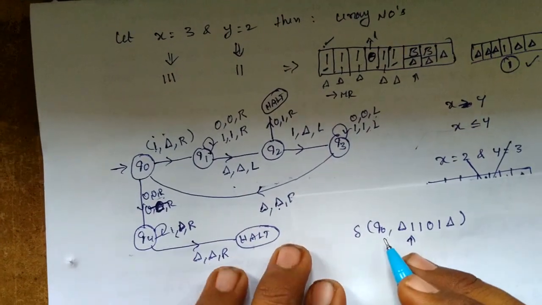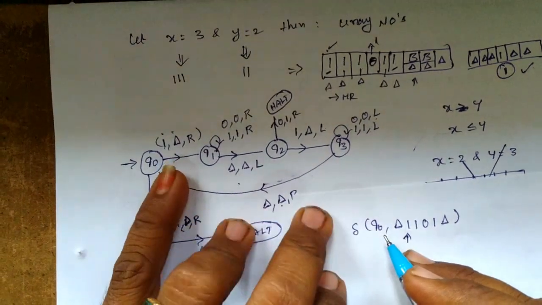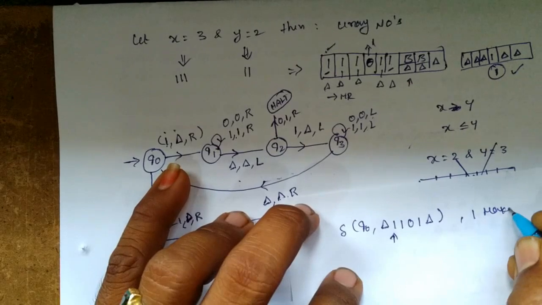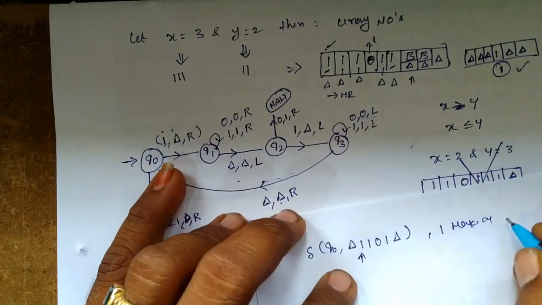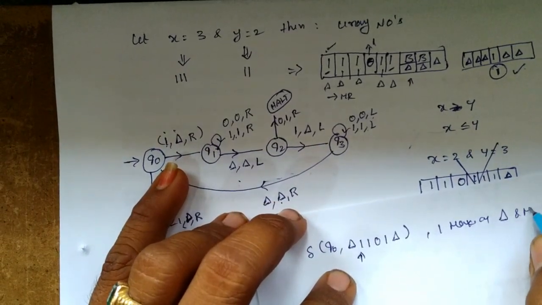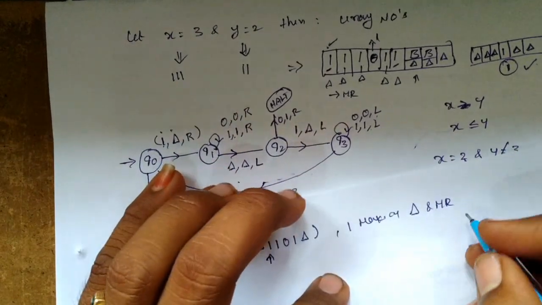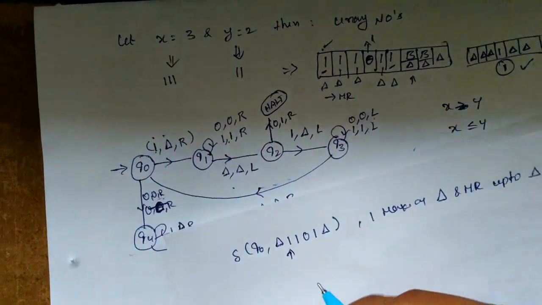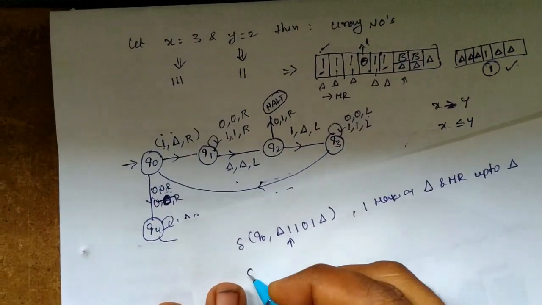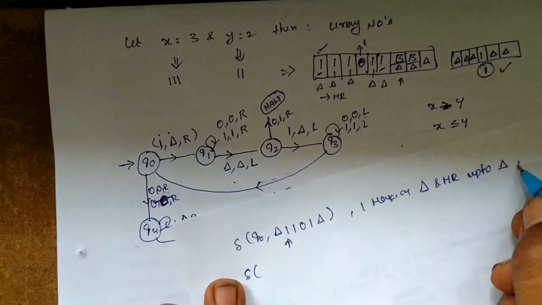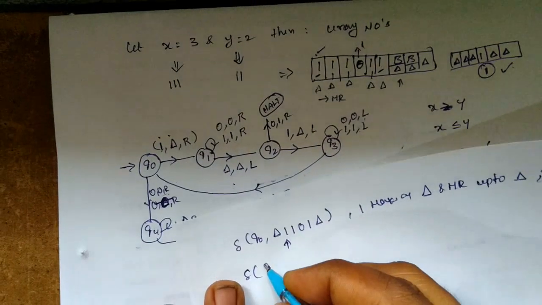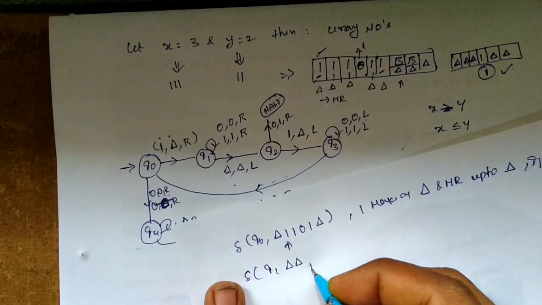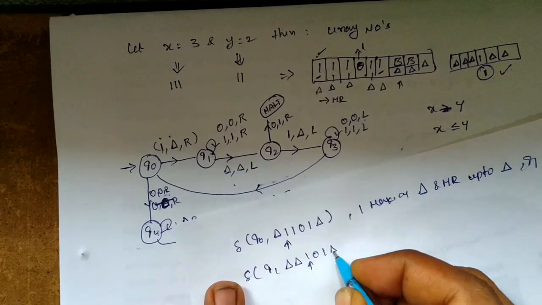Now we are at Q0, the input is 1, so 1 is marked as del and we move right up to the end of the tape, del. So that's why del of, and then go to the next state Q1. So Q1, del: this one can be converted as del and move right, so the header is here at 0 1 del.